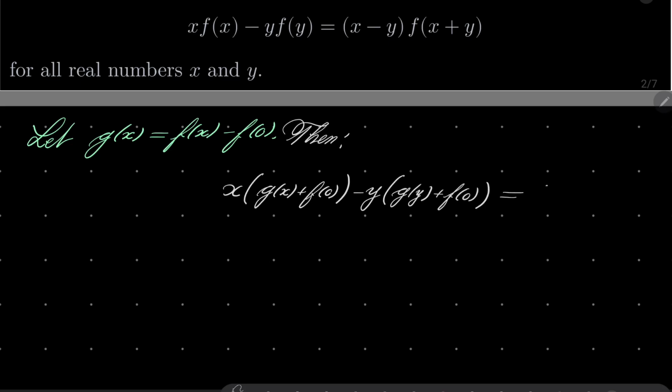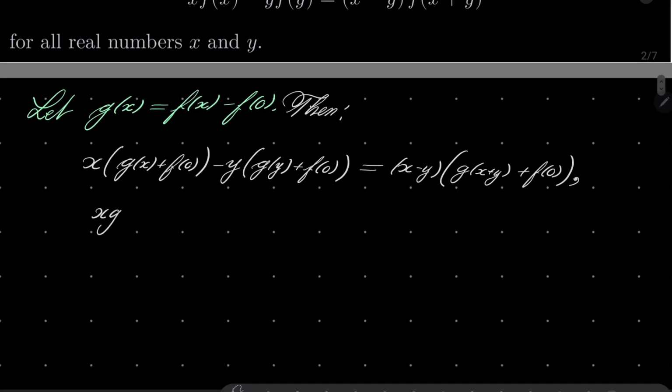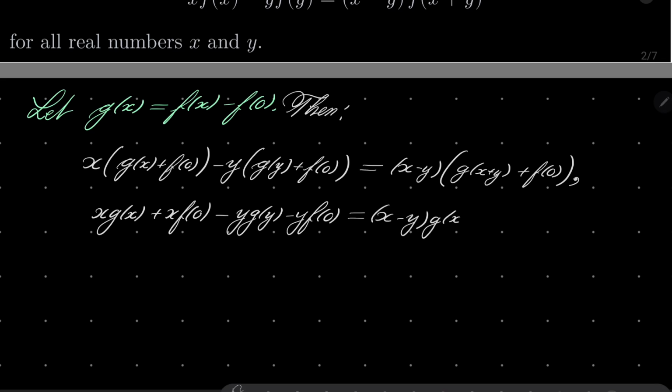And on the right hand side, we have x minus y, and in the parentheses, g of x plus y plus f of 0. Now let's simplify it. We have x g of x plus x f of 0 minus y g of y minus y f of 0 equals (x minus y) g of x plus y plus x f of 0 minus y f of 0.